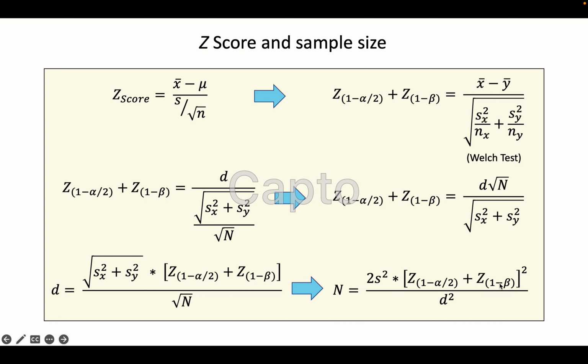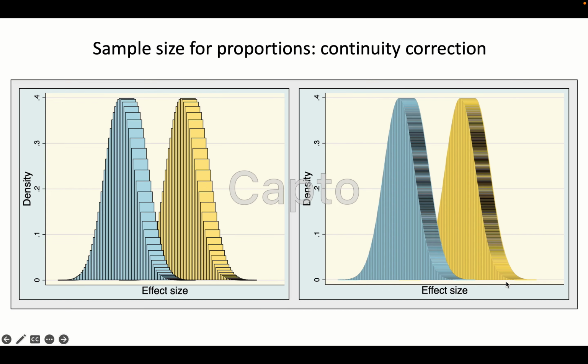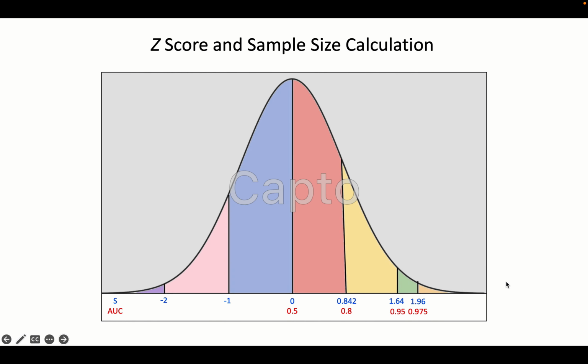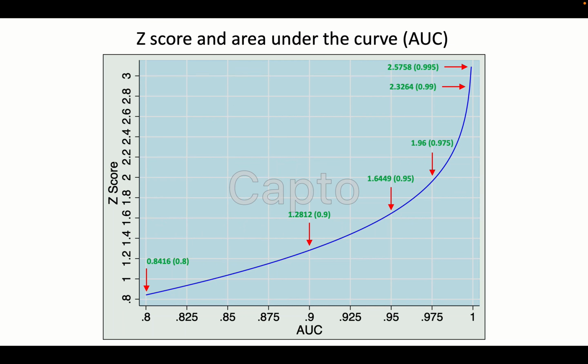And then on the other hand, if you want a beta value of 0.2 in this case, or a statistical power of 0.8, you will need this number, which is 0.8416.